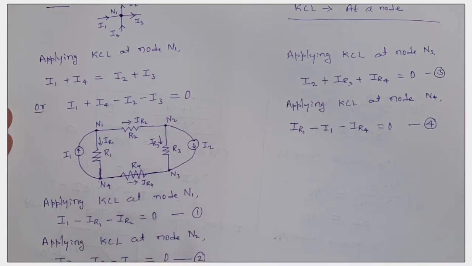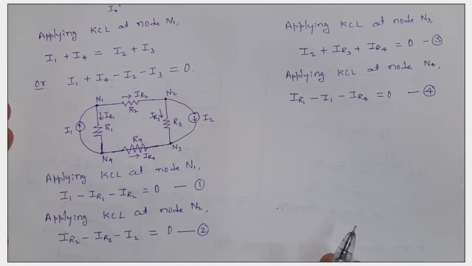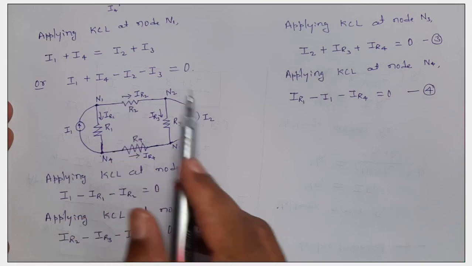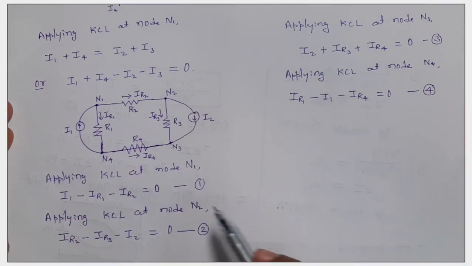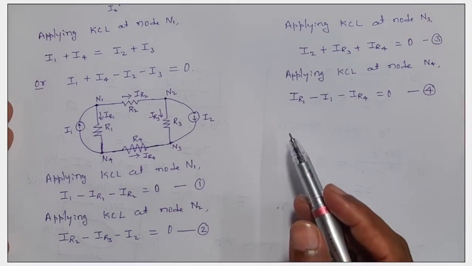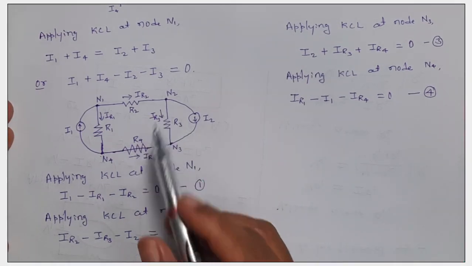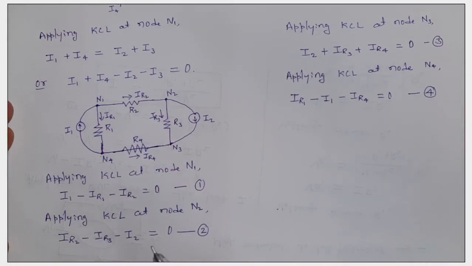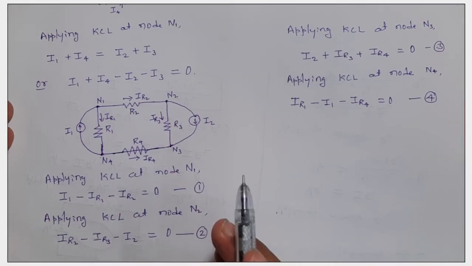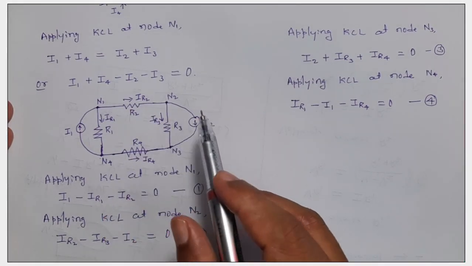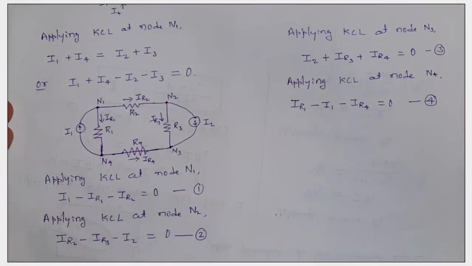So for that purpose we have found 4 equations: 1, 2, 3, 4. 4 unknowns, 4 equations. Simultaneously we can solve all the equations to get the values of the unknown currents. My intention is not to solve this network but to make you familiar with the KCL.